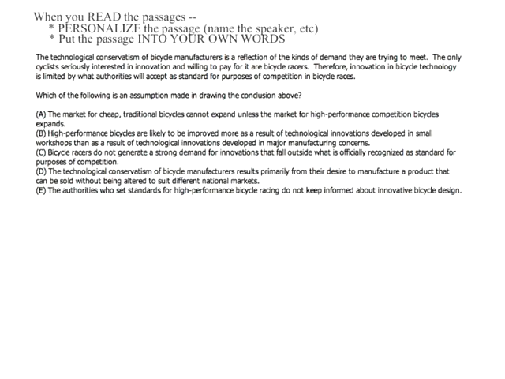So here, get rid of the lofty written language and get this into more understandable terms. Technological conservatism, like bike manufacturers, are not very adventurous when it comes to technology. The only bike racers who care about innovation, so all innovation comes from bicycle racers.